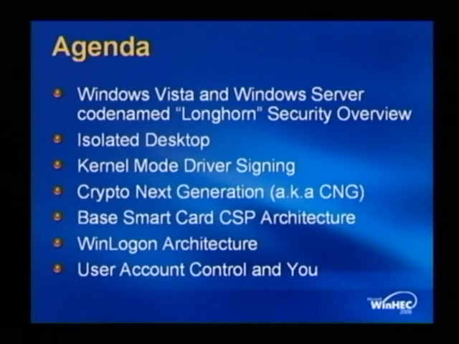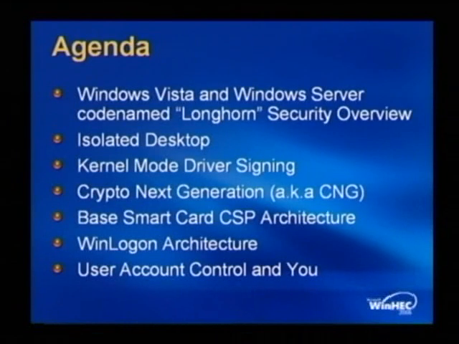Crypto next generation, or what we call CNG, which is basically the new crypto subsystem in Windows. The newly created smart card subsystem in Windows, or the re-architected smart card platform. We're going to go over the new architecture of WinLogon, and of course, user account control.